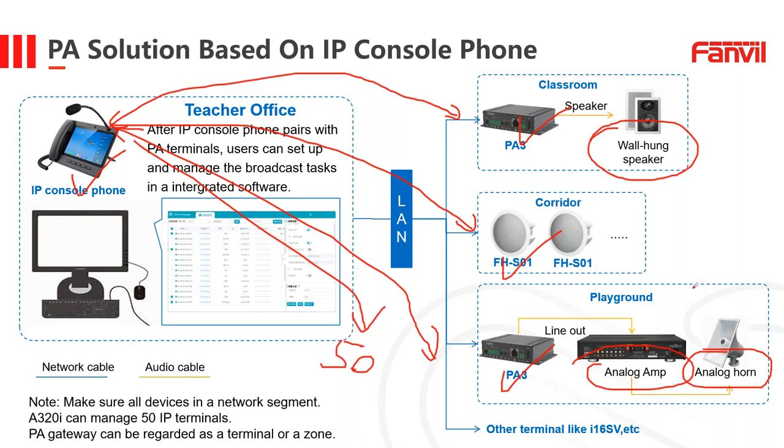But if an area like a playground needs to broadcast at the same time, you can connect PS3 with an analog amplifier. So the analog amplifier will drive an analog horn or more speakers. Also, make sure all devices are in one network segment, and you can connect these devices with a PoE switch.